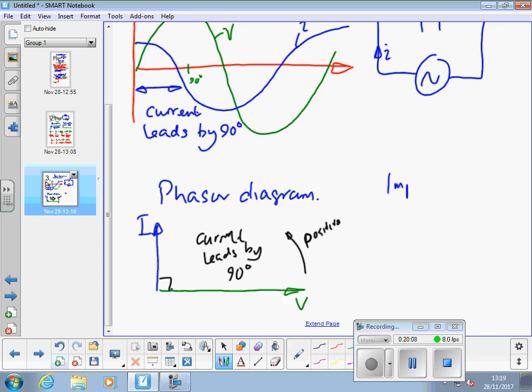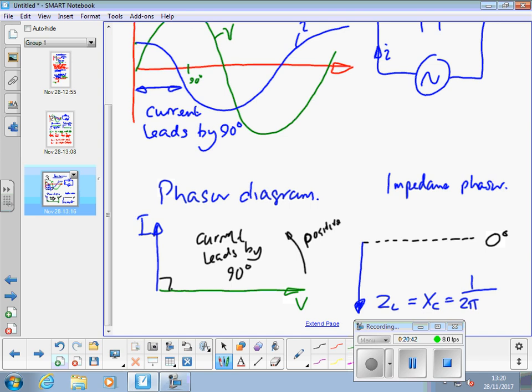Impedance phasor, 0 degree line for reference. ZC is equal to XC, which is equal to 1 over 2 pi FC ohms.